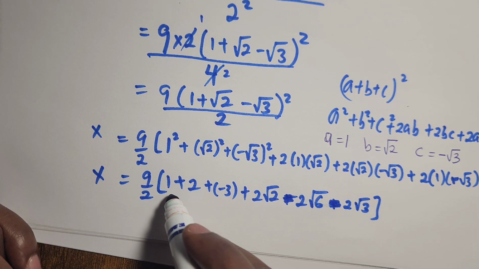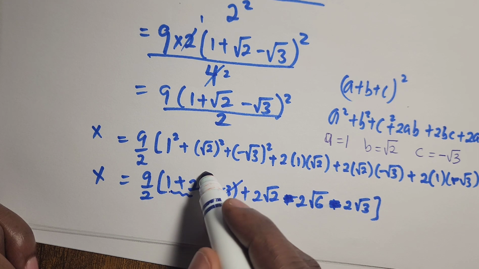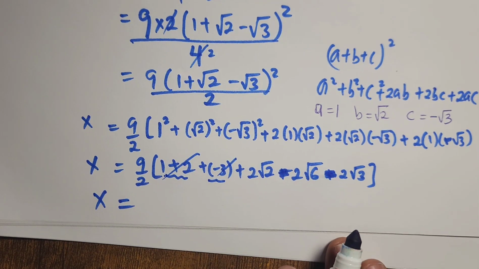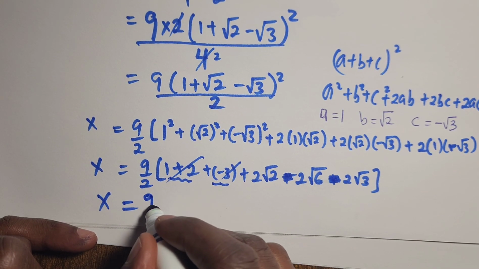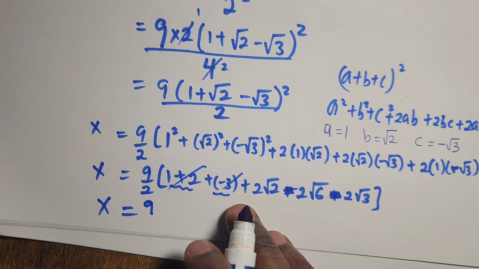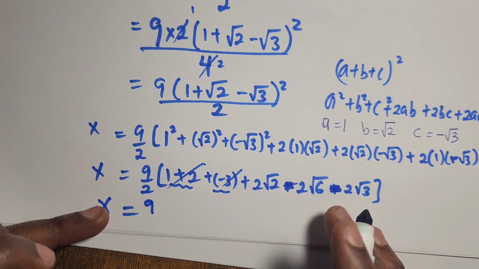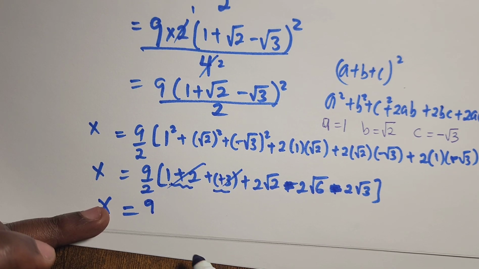Finally, recall 1 plus 2 is 3, minus 3 cancel out. So my x is going to be 9. If you square this negative sign, it should be positive.